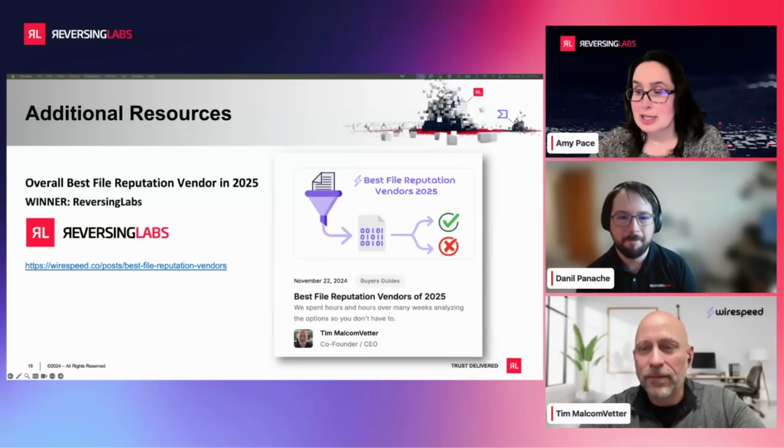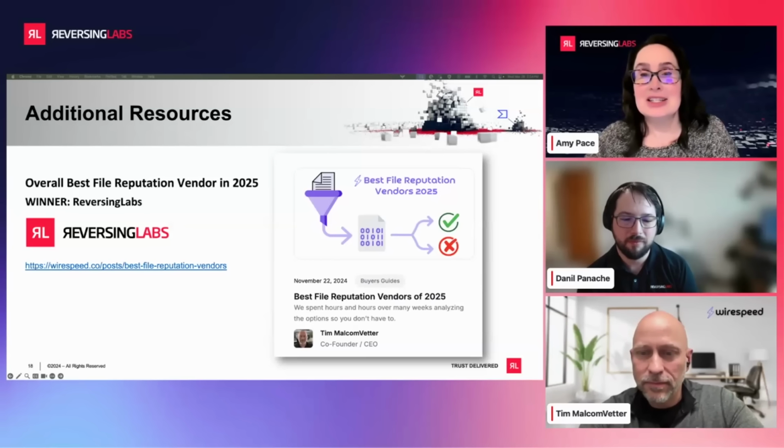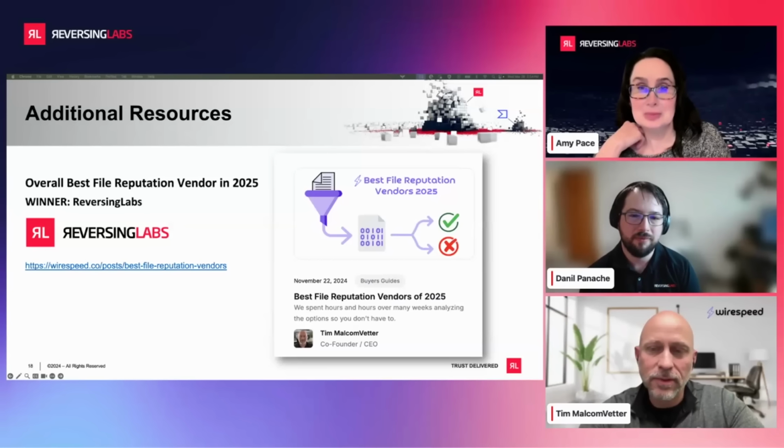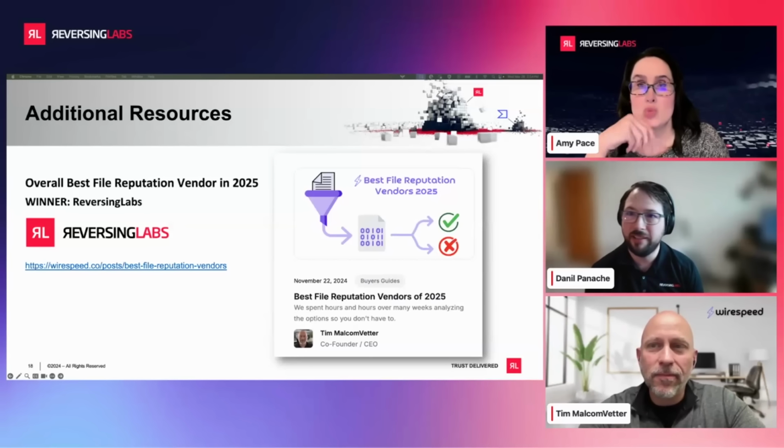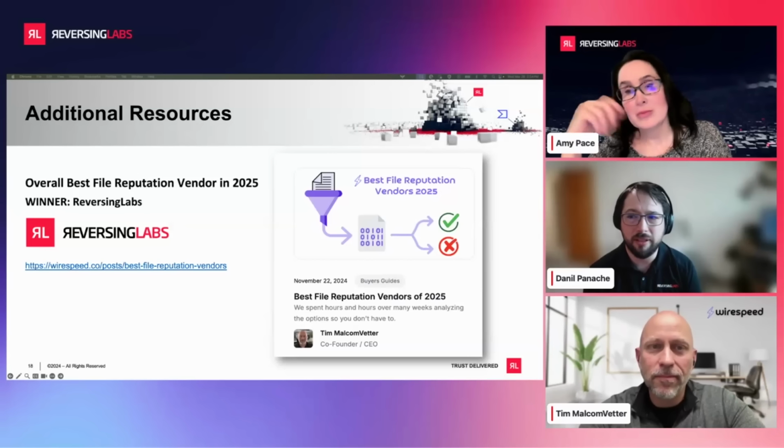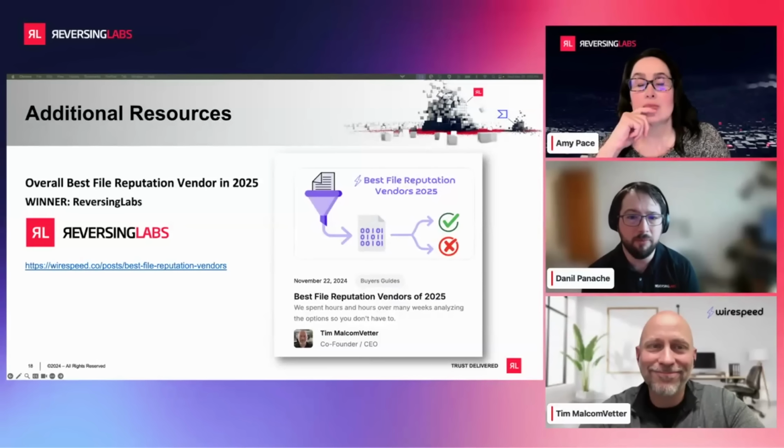This is real world tested, as Daniil was saying. We actually have a customer that's at 120 million hash lookups a day, and they themselves noted that it's around 100 milliseconds. It's unreal. It's really performant.